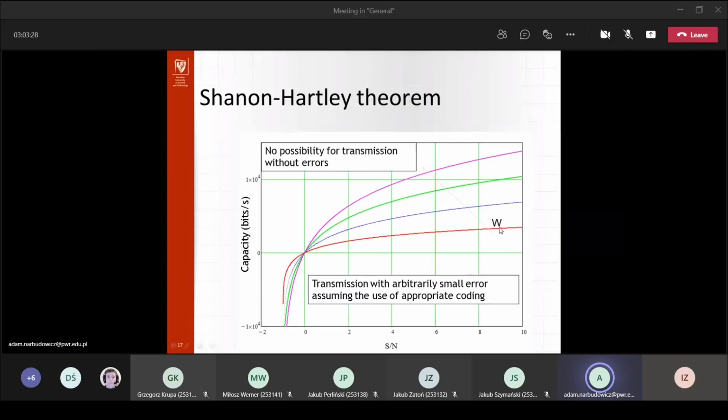So basically, once your bandwidth increases, it will push your communication in this direction, right?